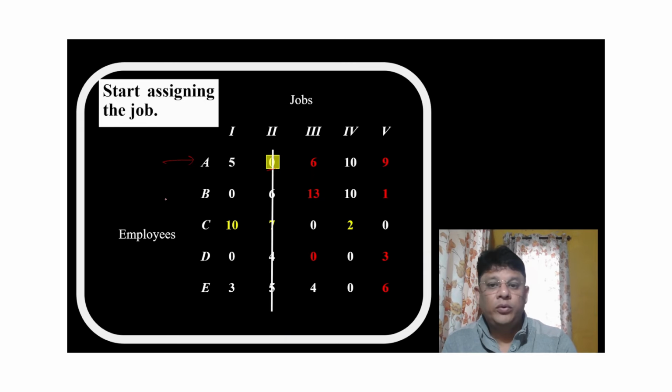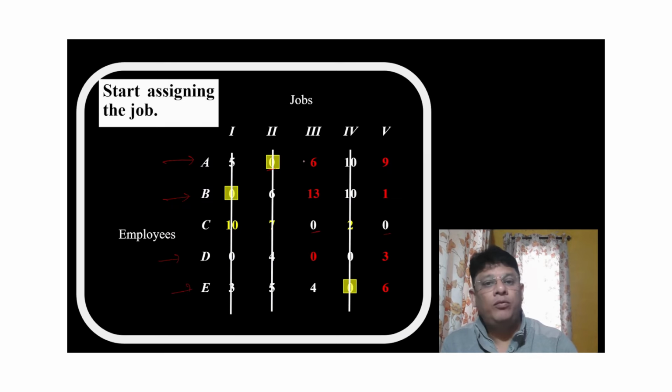Then move on to row 2. We will assign this and cut the column. Row C, because we have 2 zeros, leave it. Row D, we have 1, 2, 3, so leave it. Row E, we have only 1, so let's assign and cut.